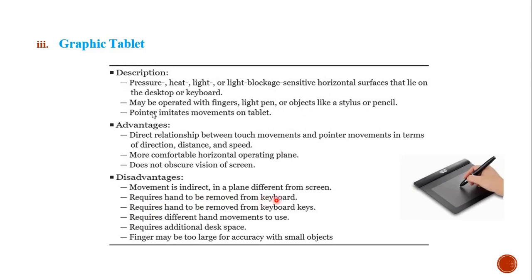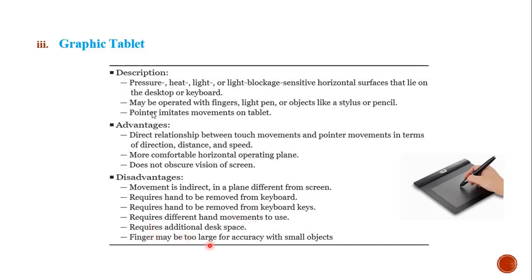It requires hand to be removed from keyboard keys as well, and requires different hand movements to use. It requires additional desk space. So a tablet, if you are going to place it on a particular horizontal plane, then it will require certain space also.